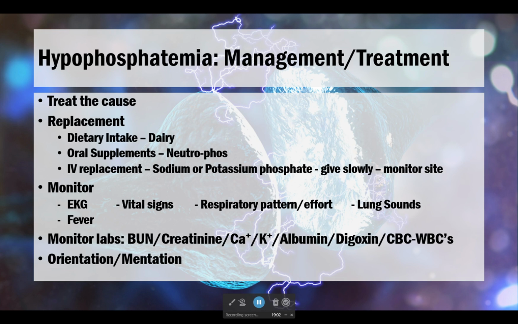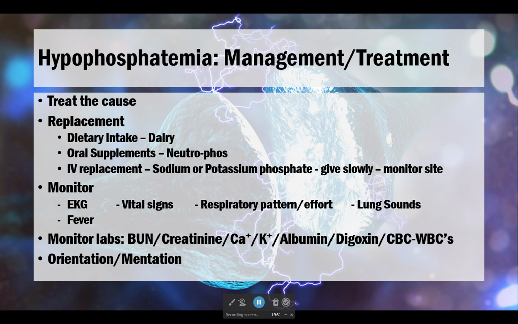Patients may require IV replacement if the hypophosphatemia is severe enough. It could be sodium or potassium phosphate, or even calcium phosphate. It depends on if there is another electrolyte deficiency. So, for example, if a patient has a low potassium and they have a low phosphate, then it would be reasonable to give them potassium phosphate.